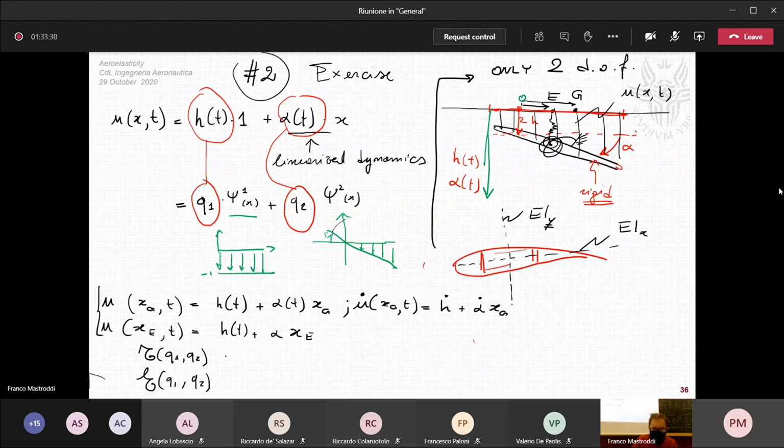In fact, what about the kinetic energy? For the kinetic energy, you can use the Huygens theorem, and this kinetic energy is the energy associated to the motion of the center of mass.